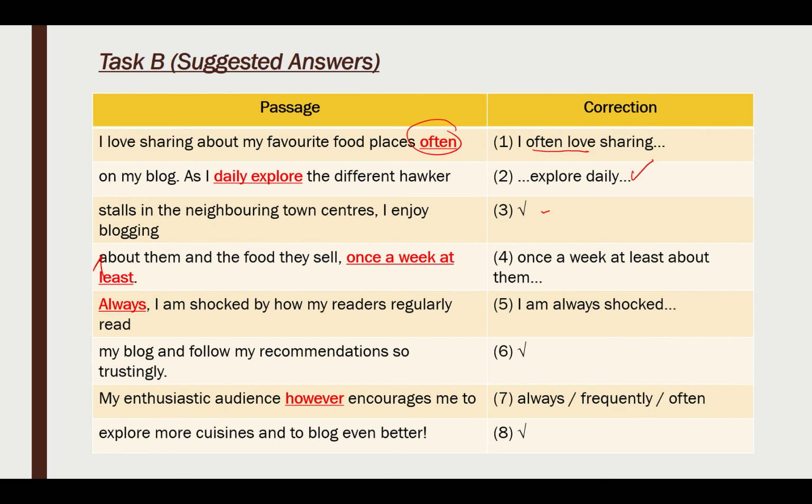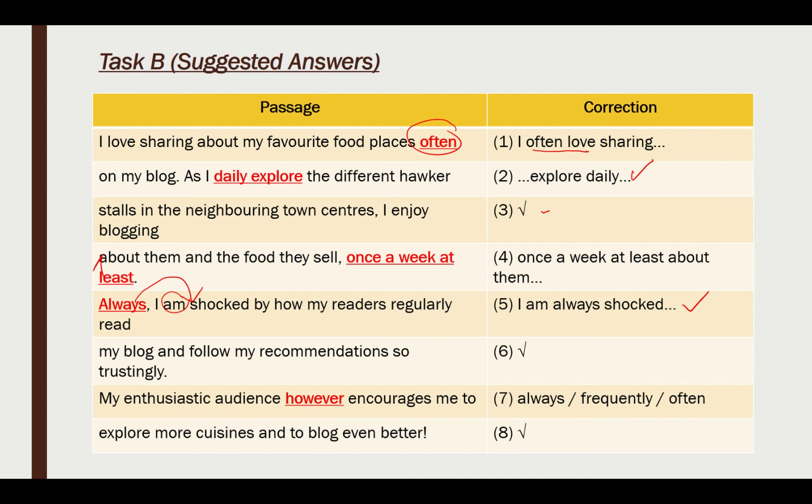Okay, the next sentence: "Always I am shocked by how my readers regularly read." Again, the adverb always should come after the verb, which is am. So, "I am always shocked." Get it? For number 6, there are no errors.